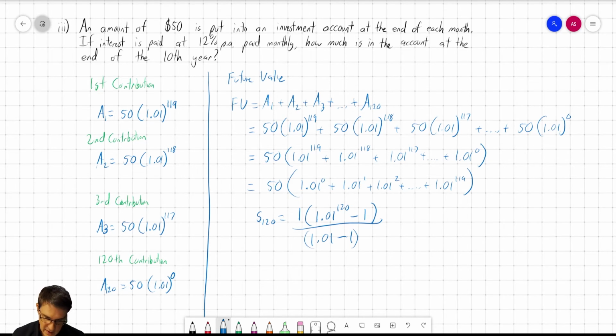And when we work this out, we have $230.04, rounded to 2 decimal places. Remember, this is only an approximation because of that rounding, but it's close enough for what we're doing now. And this is going to be 50 times 230.04. And when we work this out, what we end up with is $11,501.94.